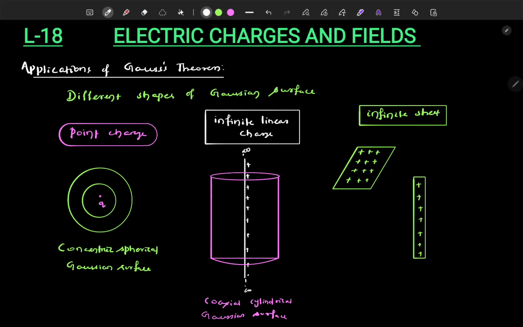And the nature of Gaussian surface here we can assume is just like a pill box. So for different cases, you have to draw the Gaussian surface as shown in the figure. This is the pill box, this is the Gaussian surface. I hope it is clear.